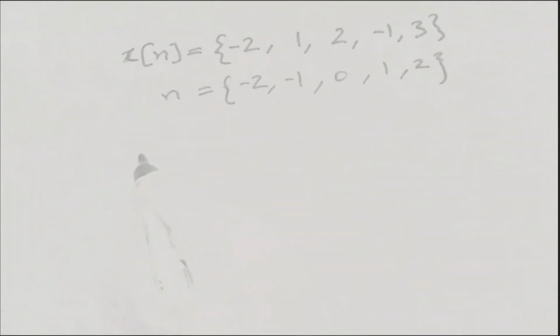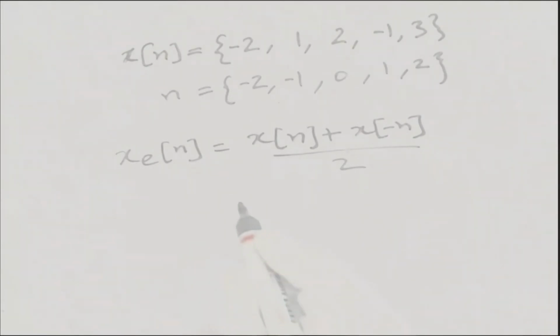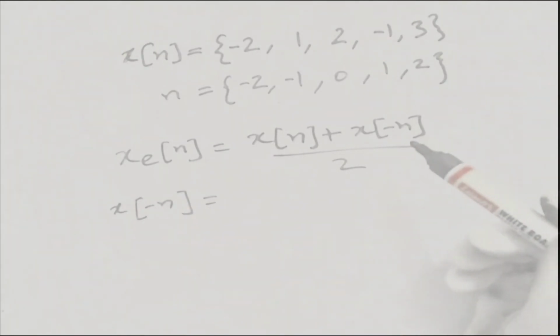Again, using the definition of an even signal for discrete time, it says x of n plus x of minus n divided by 2, by definition. So x of n is straightforward, written there. x of minus n: what does that mean?